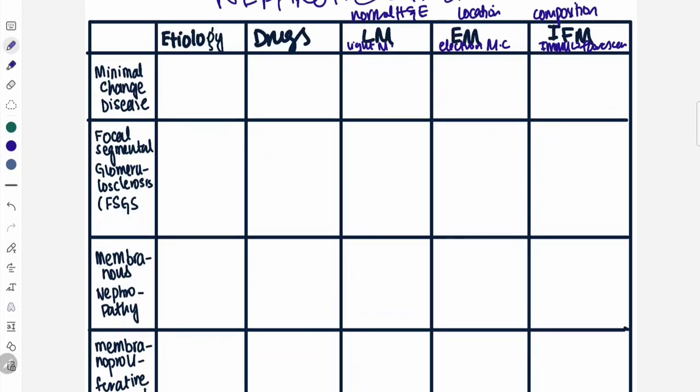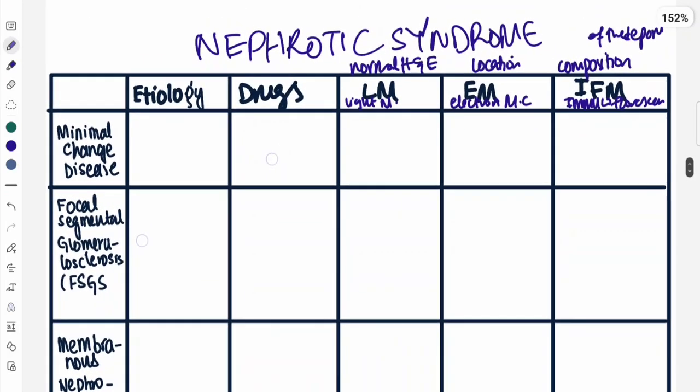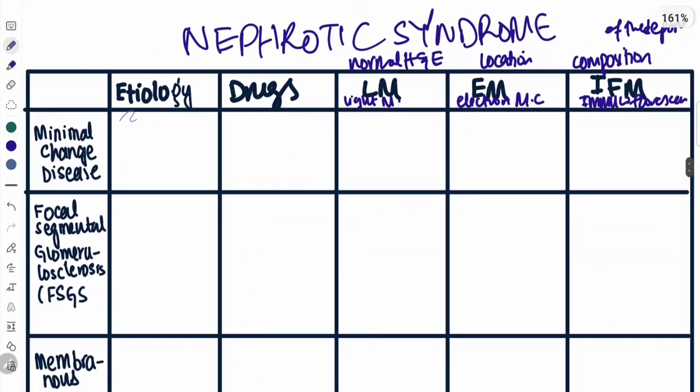For minimal change disease, let's do etiology first, in which age group it's more common. It's more common in children, and mostly it is idiopathic.